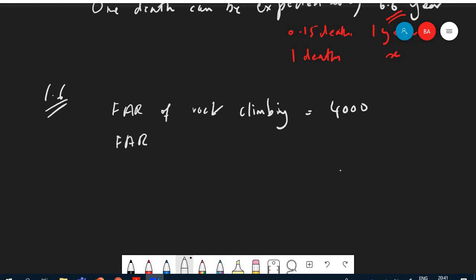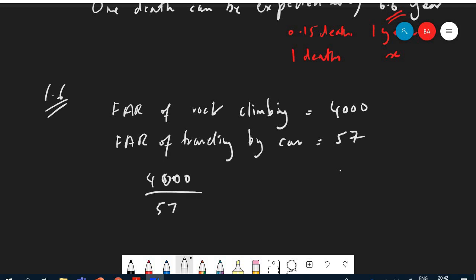And the FAR of traveling by car is equal to 57, but you travel a lot by car, right? So it is different. If you divide 4,000 by 57, you will get 70.2 hours.